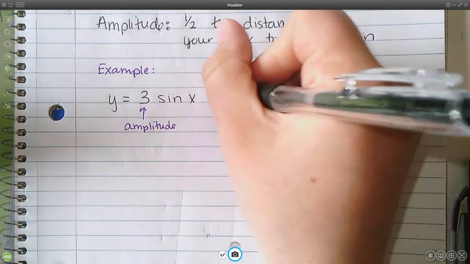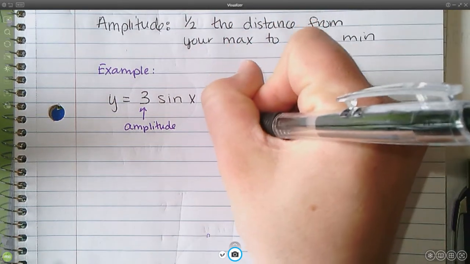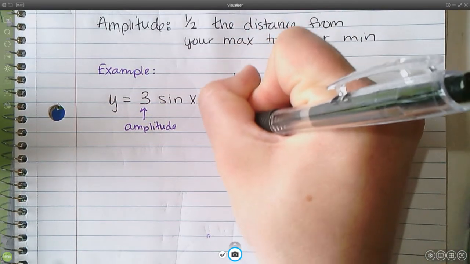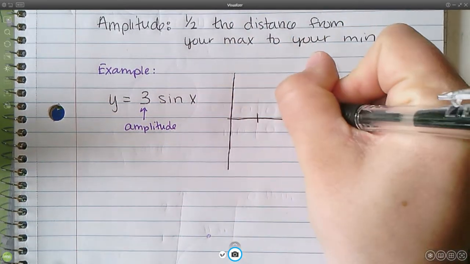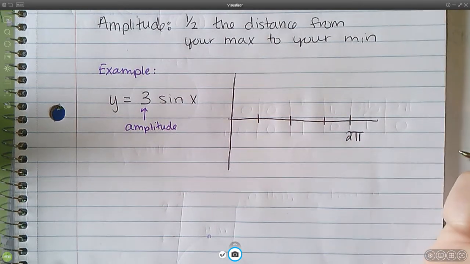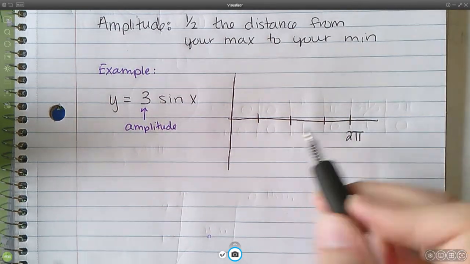So this one, let me draw my graph quick. Okay, you got to put the 4 little dashes. This is always going to be 2 pi until next week. And then this one will be pi.